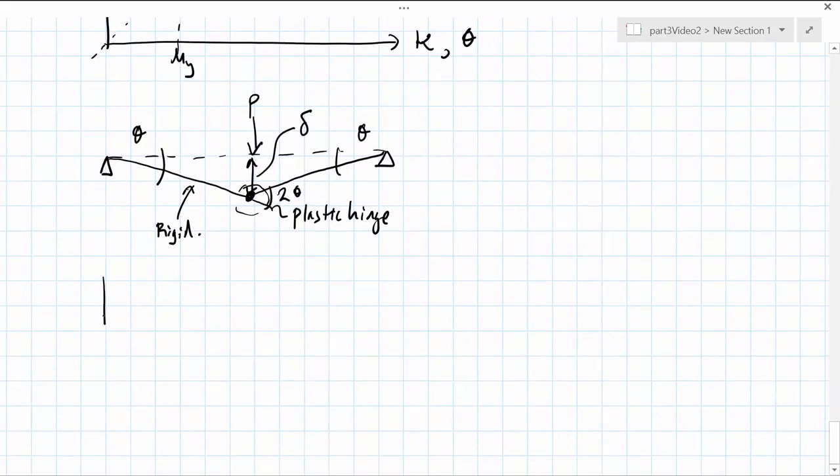Similarly, for a beam that is built in, a sufficient number of hinges develop to create a collapse mechanism. In this case, hinges need to be created at both the ends and in the center, because this is a statically indeterminate structure.